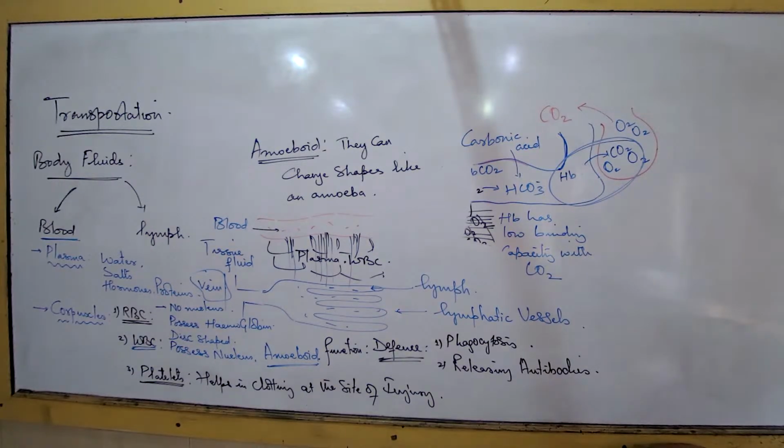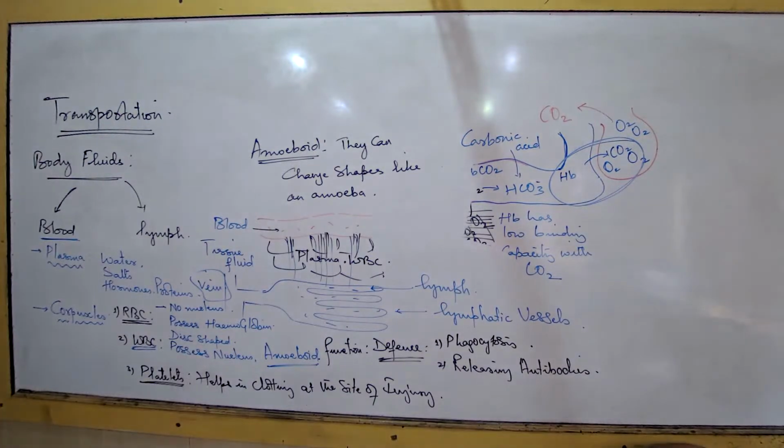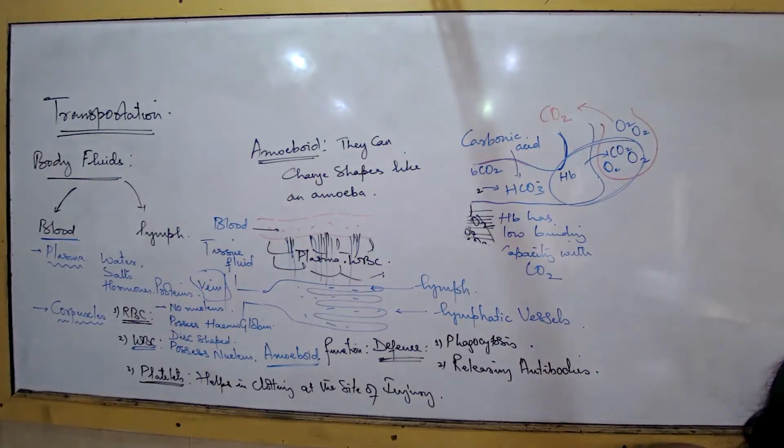The composition only you should know, the circulatory concept only you should know, that is more than enough for you. Number 1, 2 and number 6. In that, only one or two words need to be added, that's it. Write fast, we'll complete with this.